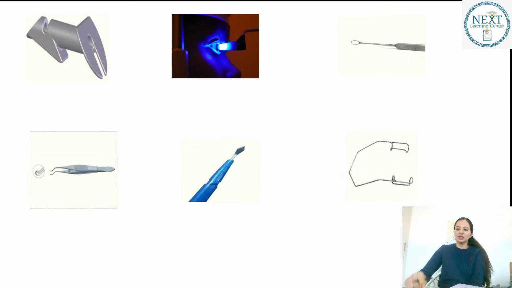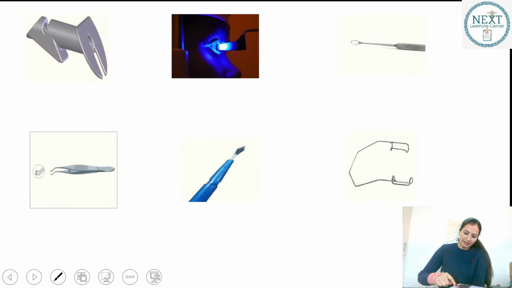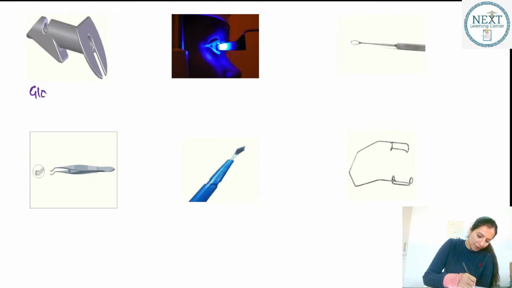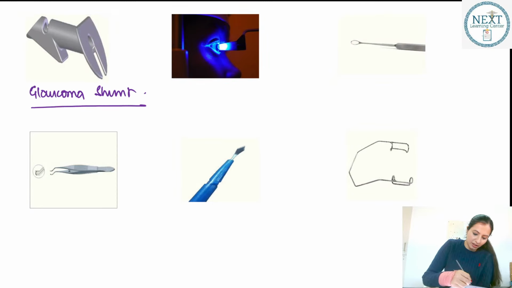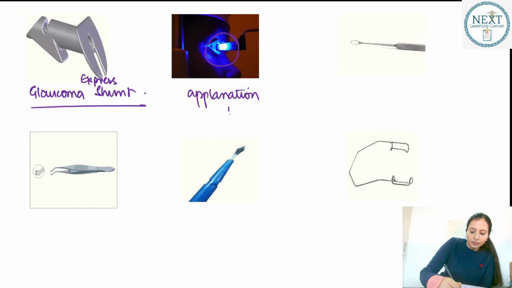Now moving on to some instruments quickly. This is your glaucoma shunt, which is used in trabeculectomy surgery. Basically glaucoma express shunt. This is your applanation tonometry.